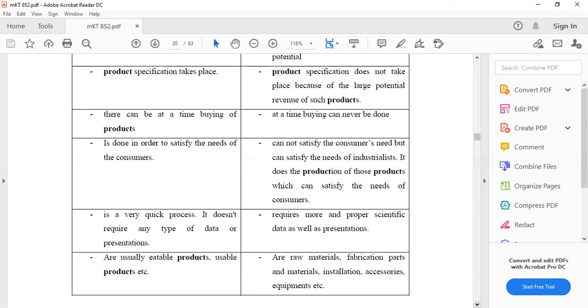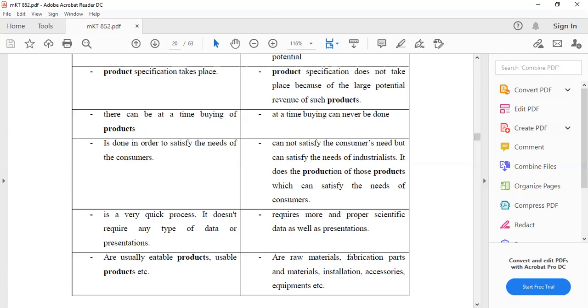And these items are always bulky, and care is taken to ensure that the right materials are bought. Reason being that if you purchase a faulty raw material, the likelihood that your product is going to be very faulty is there. That is why emphasis is made on collecting data and presenting it as well, so that it should conform with what we are going to get as the end parts.